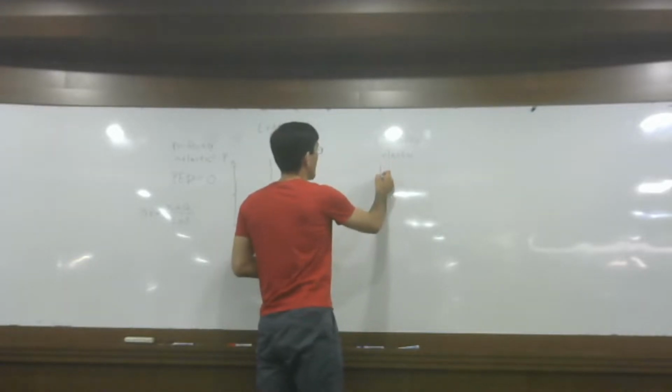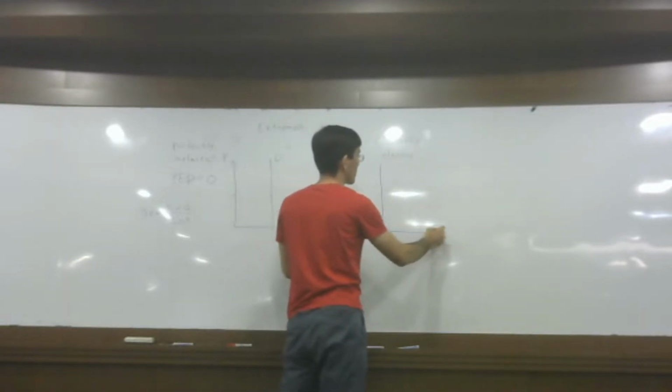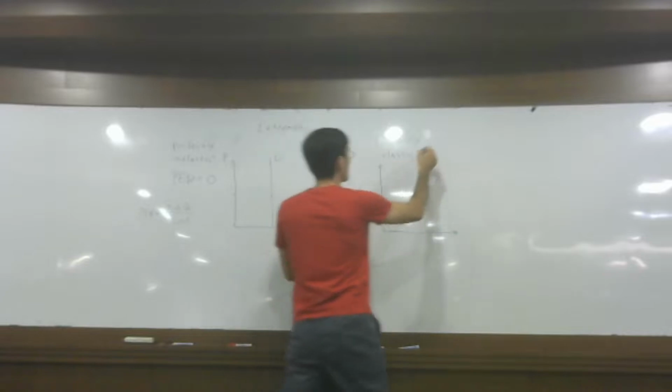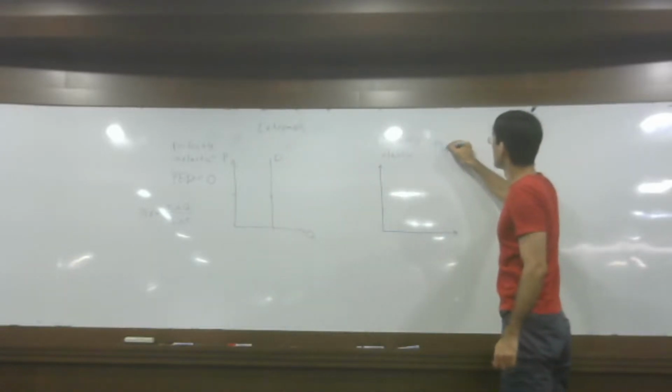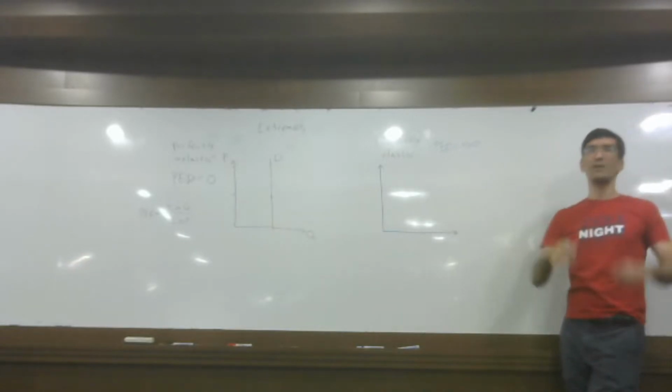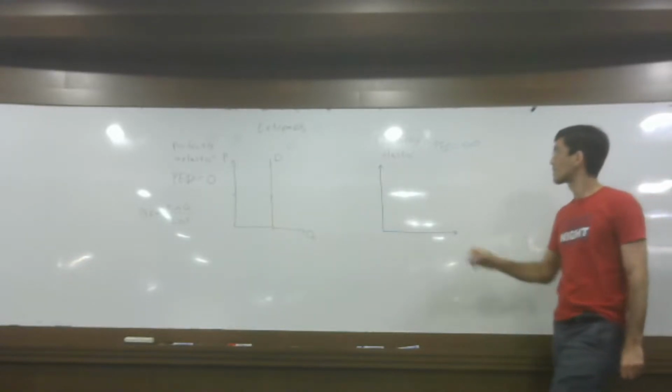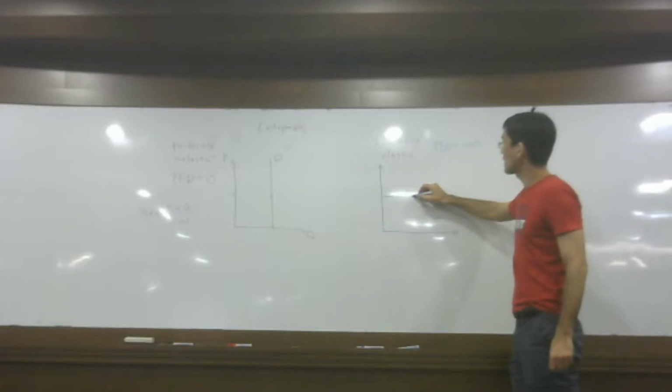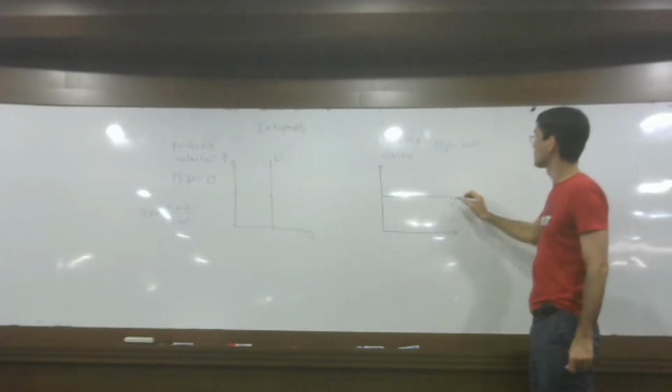Perfectly elastic demand. That's where price elasticity of demand is infinitely large, a very large number. So demand is a horizontal line like this.